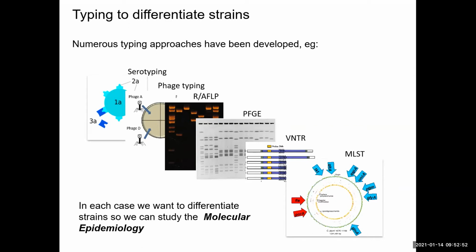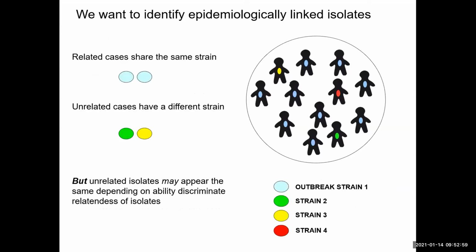These typing approaches have underpinned what we would describe as molecular epidemiology for some years. They've been used in numerous ways for various bacterial and viral pathogens. Again, this is probably a dramatic oversimplification for many of you, but one of the most important things is to try and relate the pathogen strains that are seen in the population.